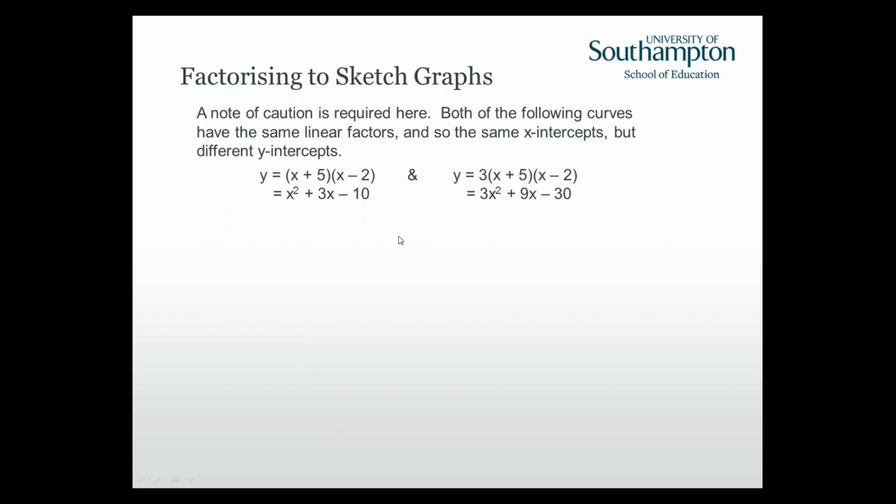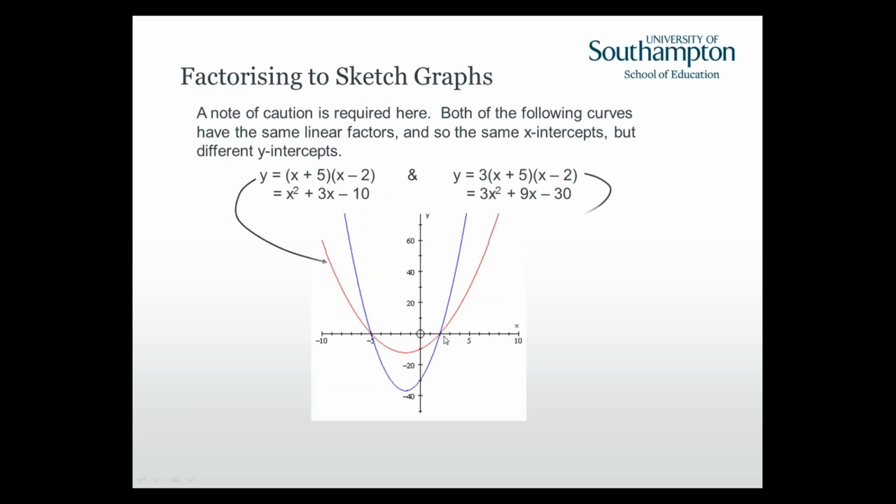So the only thing to be aware of is that just because they have the same x-intercepts, they might have very different y-intercepts and be basically a stretch of the other one. So these two graphs both cut at -5 and 2, but as you can see, one is a lot shallower than the other.